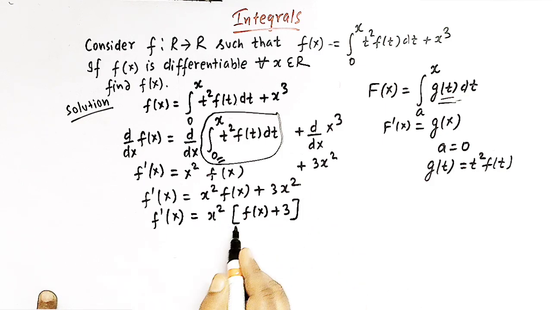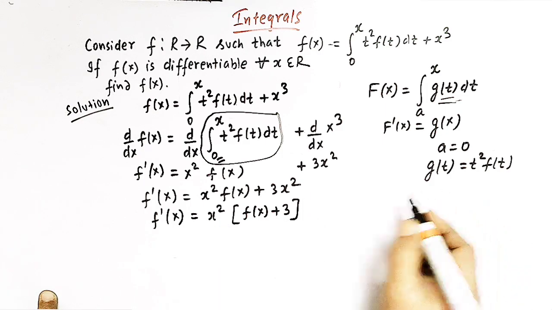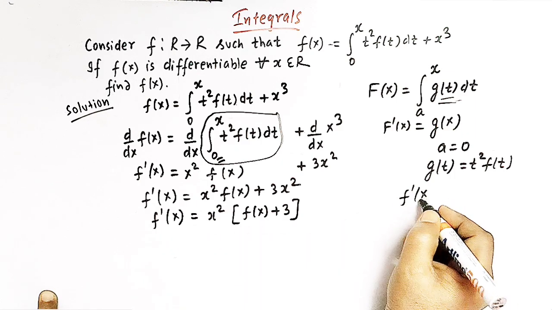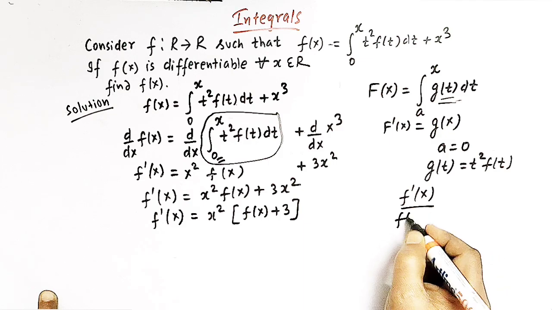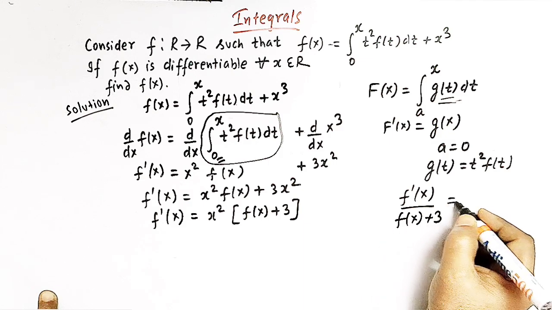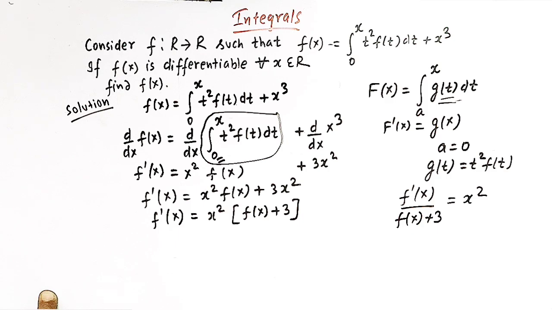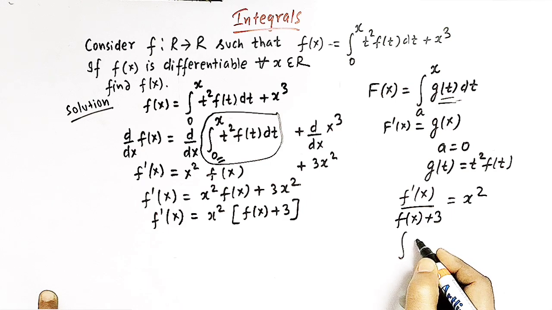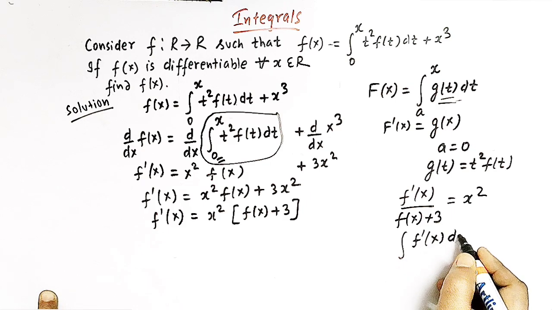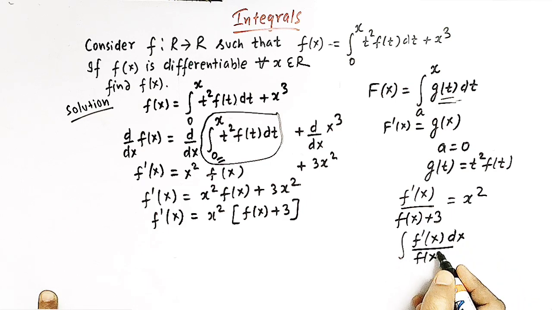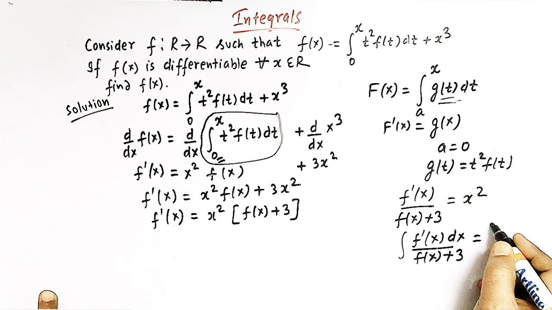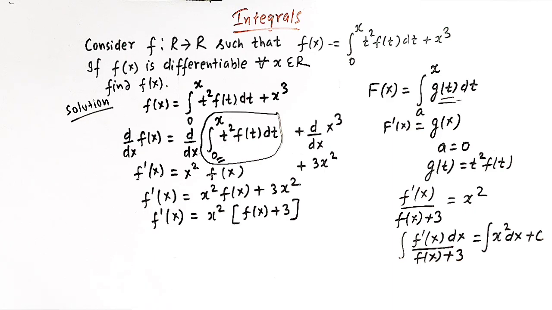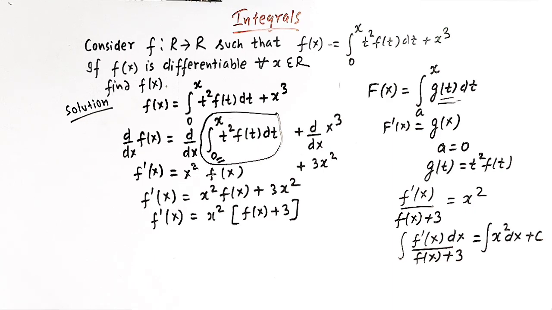Separating the variables, we write f prime of x divided by (f(x) plus 3) equal to x squared. Now let us integrate both sides: the integral of f prime of x dx over f(x) plus 3 equals the integral of x squared dx, plus c, the constant of integration.